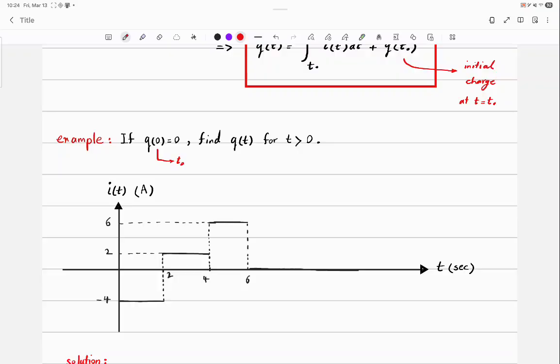We want to find q(t) for positive time. Technically, we want to plot it. So if we go with the second one, can we plot or no? In this specific case, yes, we can. Because we have the starting point, we have the final point, just connect them. That's easy. Because we know it's a line.